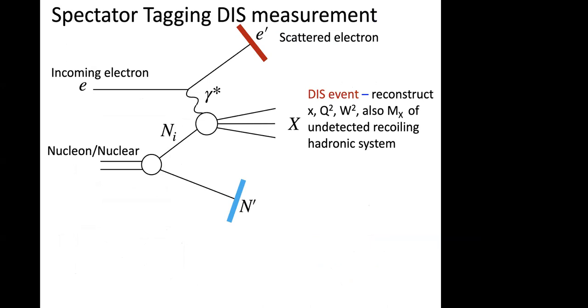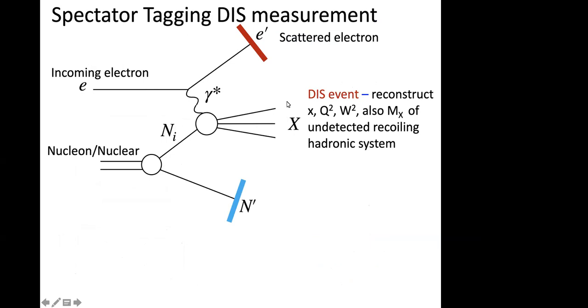This is the diagram of the spectator tagging DIS measurement. In this measurement, the high energy electron coming in interacts with a nucleon inside the nucleus. The final state particles are the scattered electron and the recoiling hadron system here.